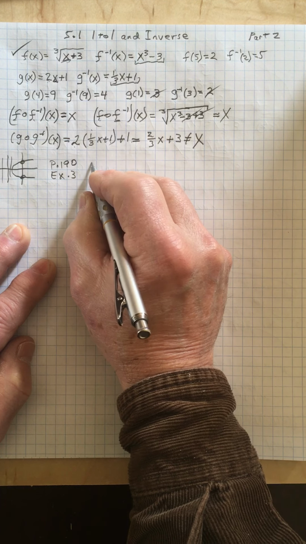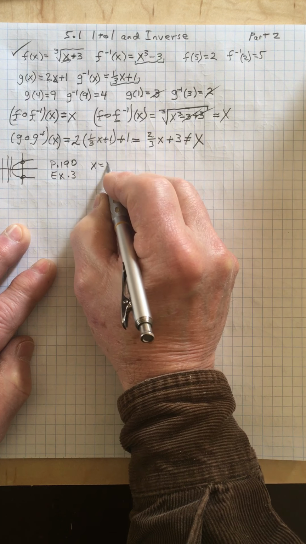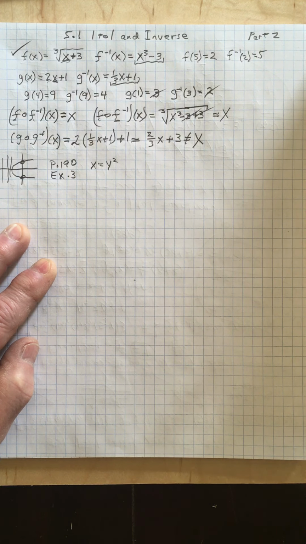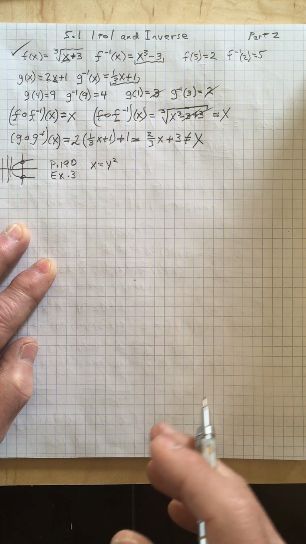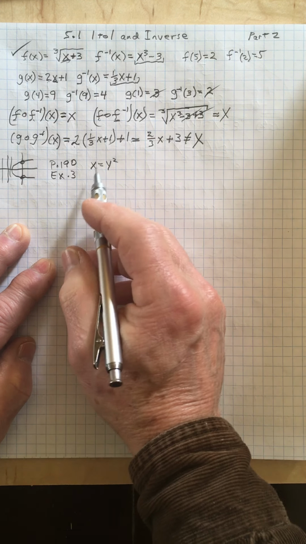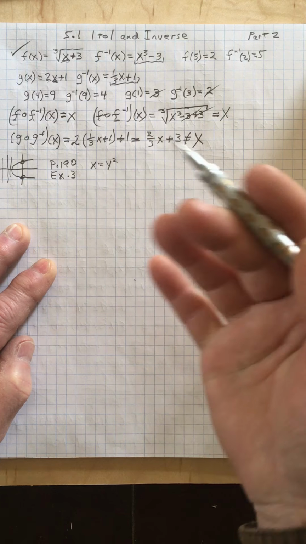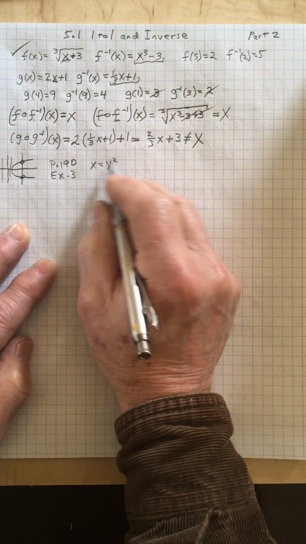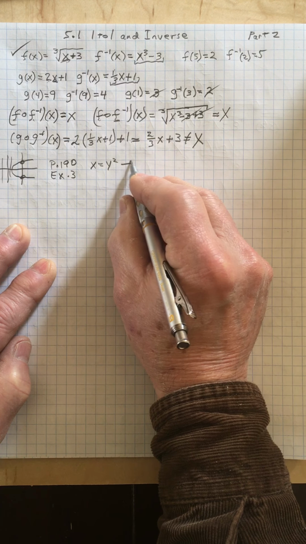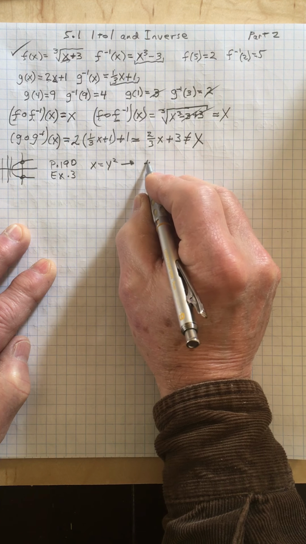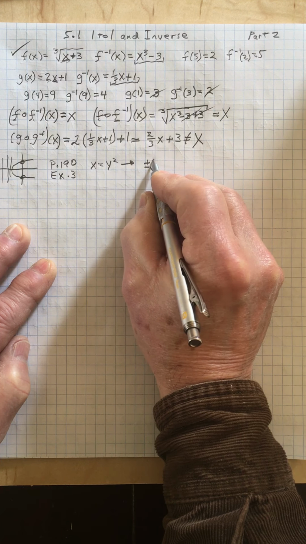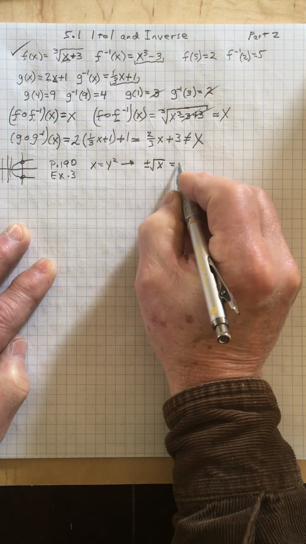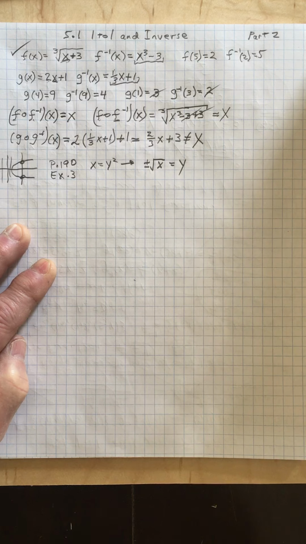But they give the equation. And one way algebraically that you can use to help figure out if an equation is a function is to solve for y. So for example, if I solve this for y, I got to take the square root, but you always do plus or minus on an even root. So I wind up with that.